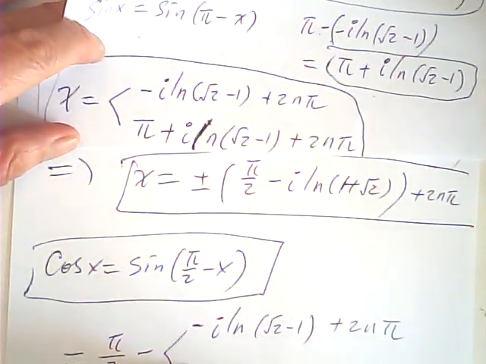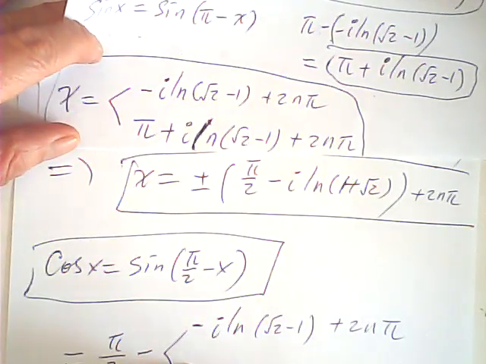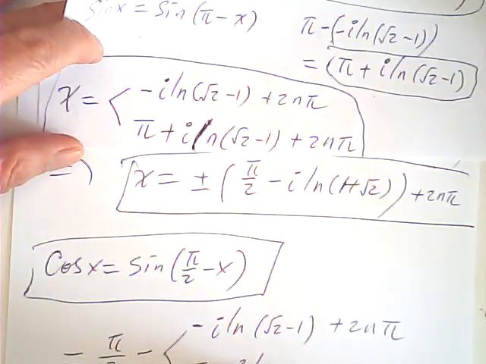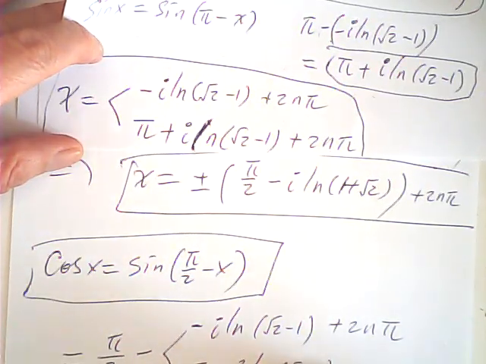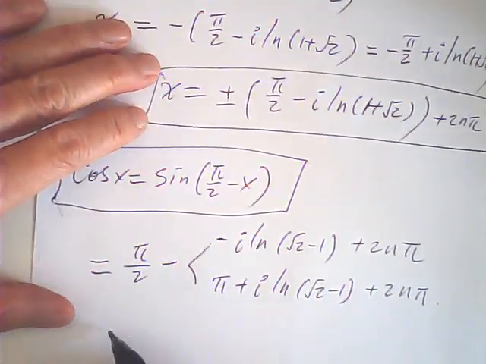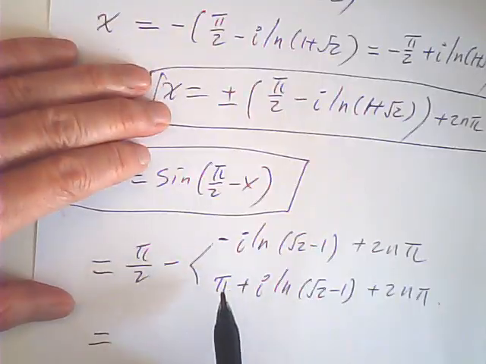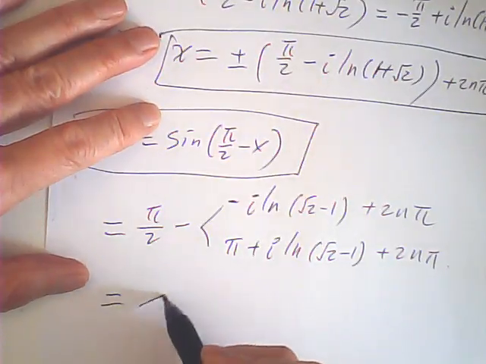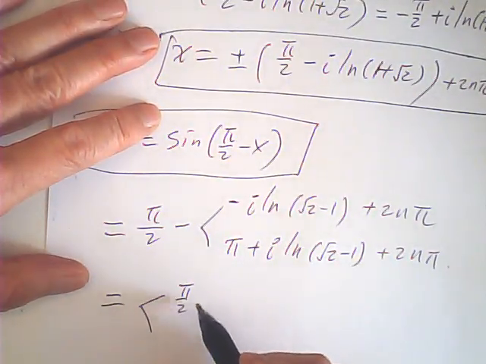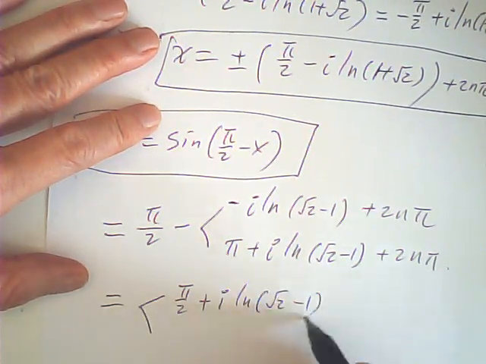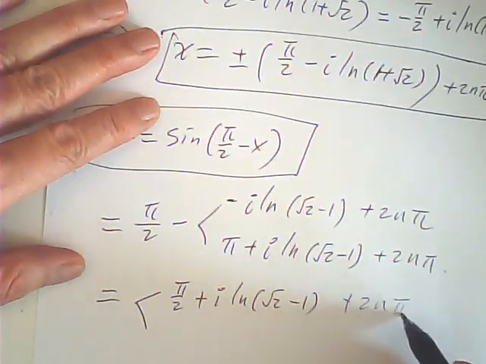This is okay. And π minus... plus i sine root. See, that will also do, no? So this one is equal to half π plus i log of root 2 plus 1, right? Plus 2nπ.